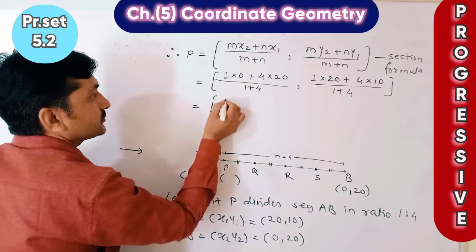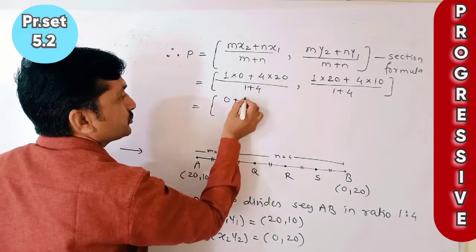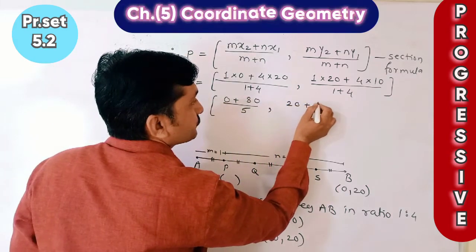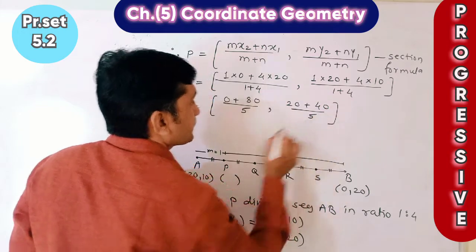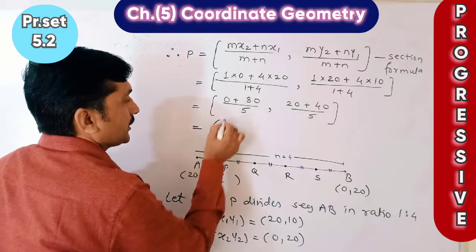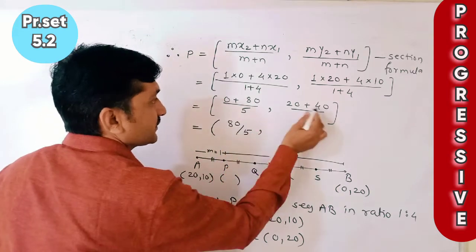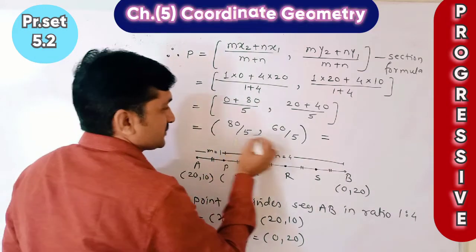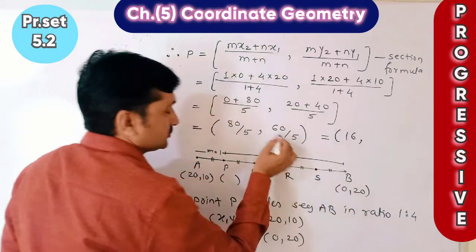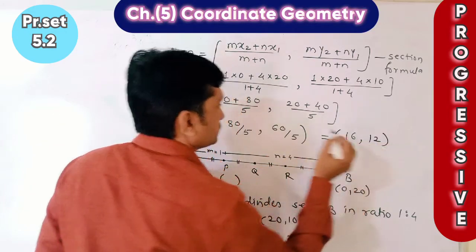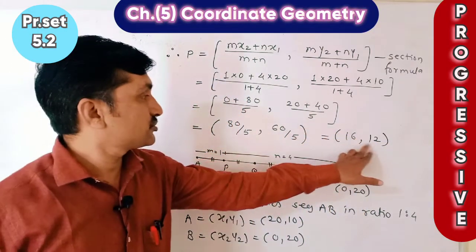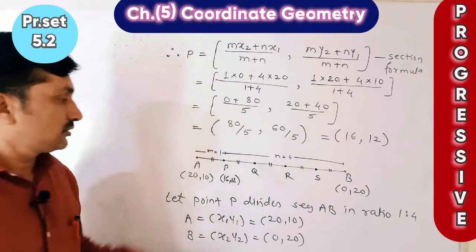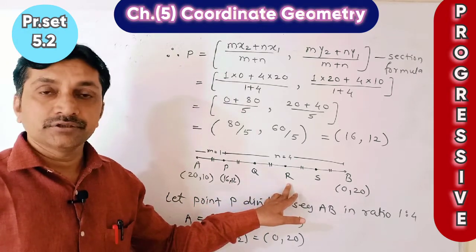That is (0 + 80) upon 5, (20 + 40) upon 5, equal to 80 upon 5 and 60 upon 5. By reduction we get 16, 12. 16, 12 are the coordinates of point P. Now the remaining we can find by the midpoint formula.